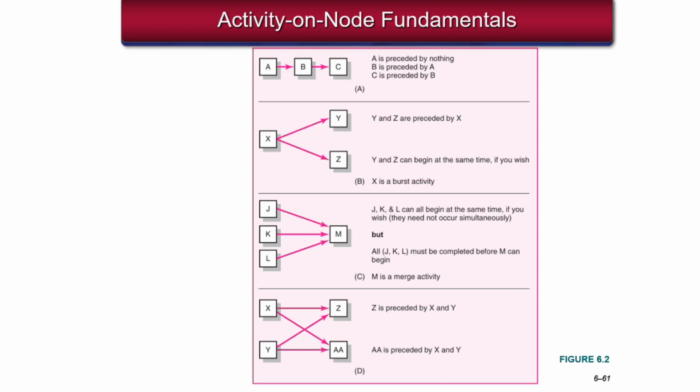Okay, activities Y and Z are considered parallel activities. Parallel paths allow concurrent efforts, and X and Y are parallel activities that can take place at the same time. Activity Z and AA are also parallel, but activity Z and AA cannot begin until activity X, Y are both completed. Okay, so this is a crossing example.